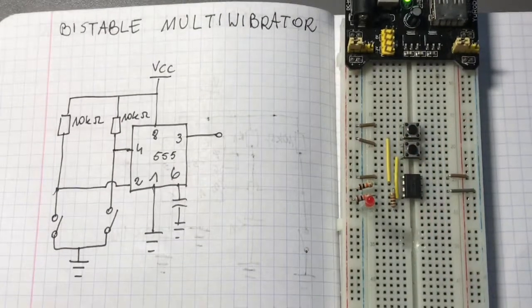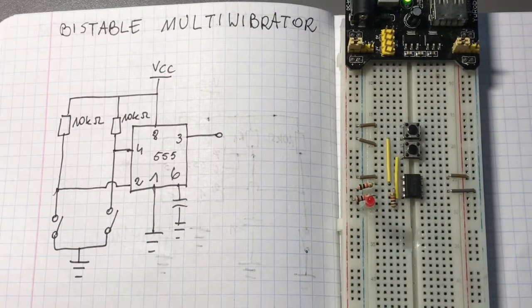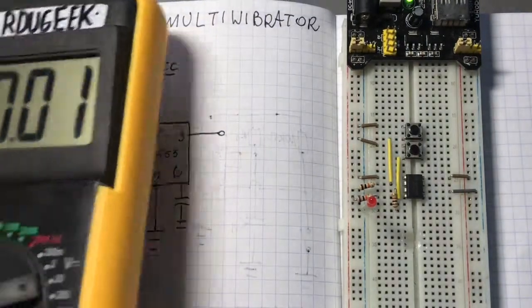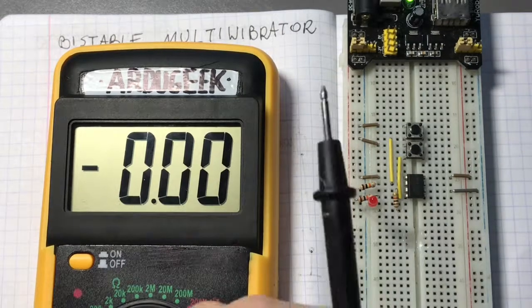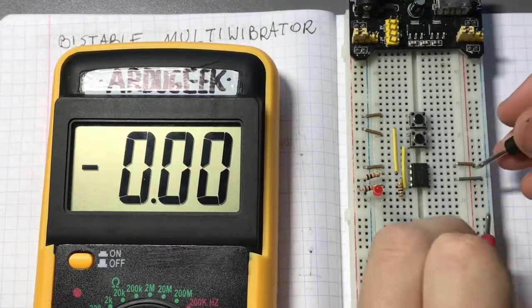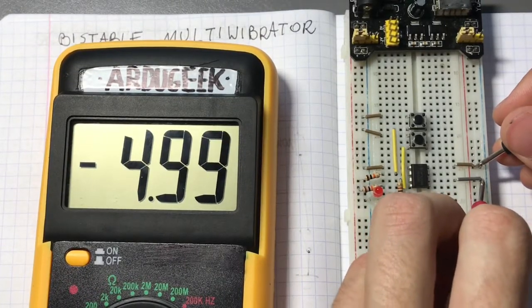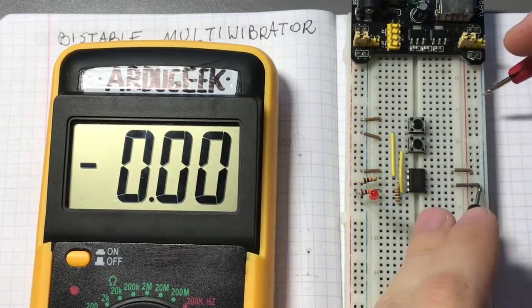So let's measure some voltages of this configuration, because in the last ones we were mainly generating signals and it depended on other stuff, but let's now measure the voltage drop that we have here. Here is the multimeter, and I am measuring the supply voltage, of course in reverse, 4.9 volts, pretty nice.